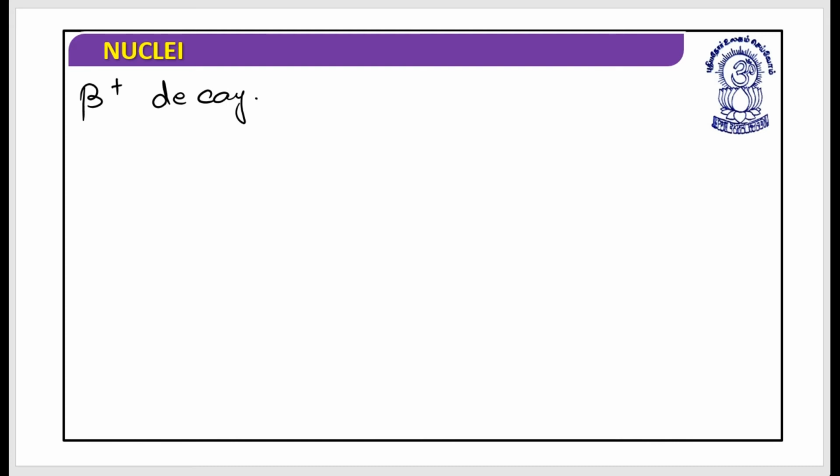So if I write down the generalized term, then it would be ZXA. Now it's a beta plus decay, so I want 1E0, so I need to reduce this. It's Z minus 1 YA plus 1E0 plus a certain neutrino plus Q value.